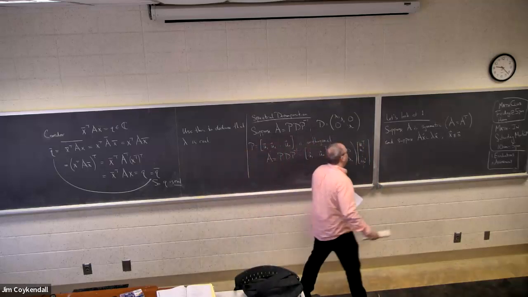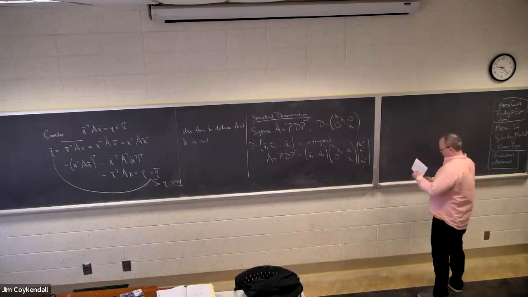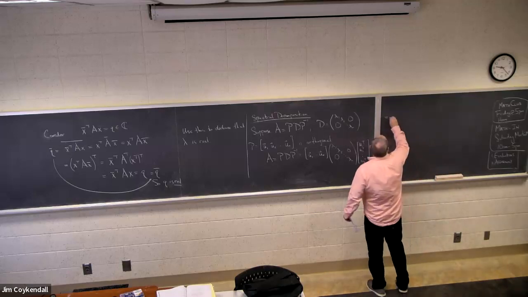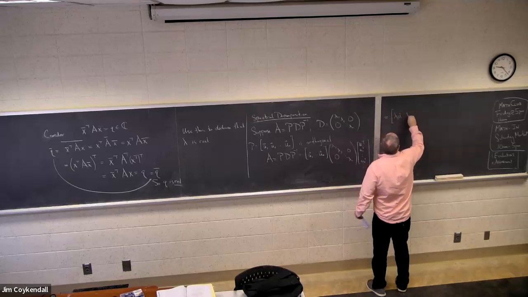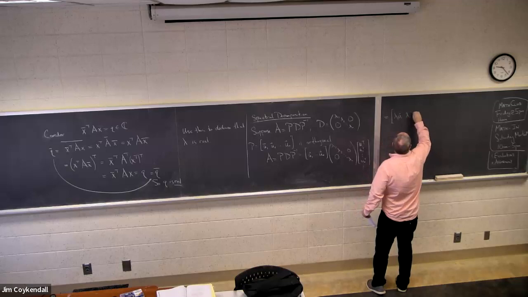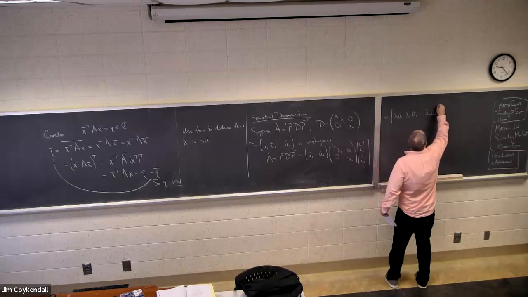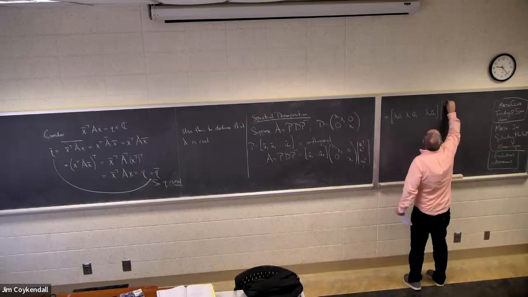And this is lambda 1 U1, lambda 2 U2, lambda n UN times U1 transpose through UN transpose.